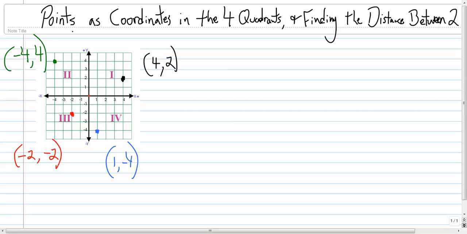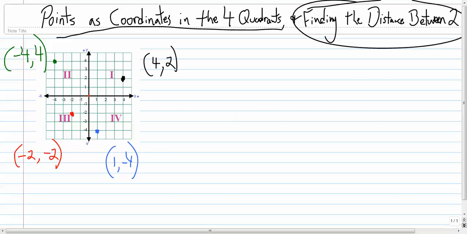So that's that. Now, what about finding the distance between any two of these points? For example, if I wanted to find the distance between my point in the first quadrant and my point in the second quadrant. Well, one thing I could do is rip a little piece of paper with my graph on it, and then lay it along here and estimate.